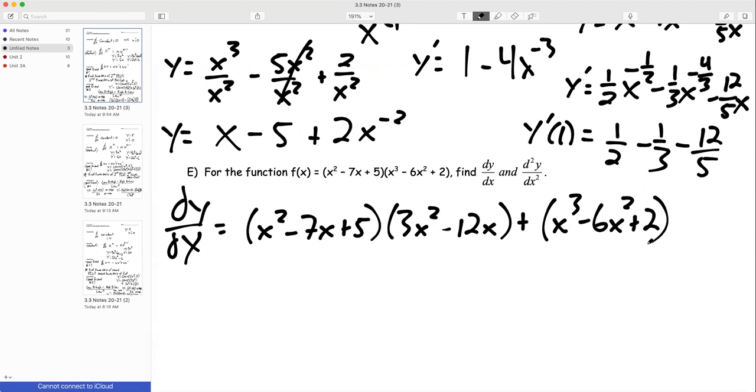That's the second term times the derivative of the first, which is 2x minus 7. Okay, u, v, v prime, v, u prime.